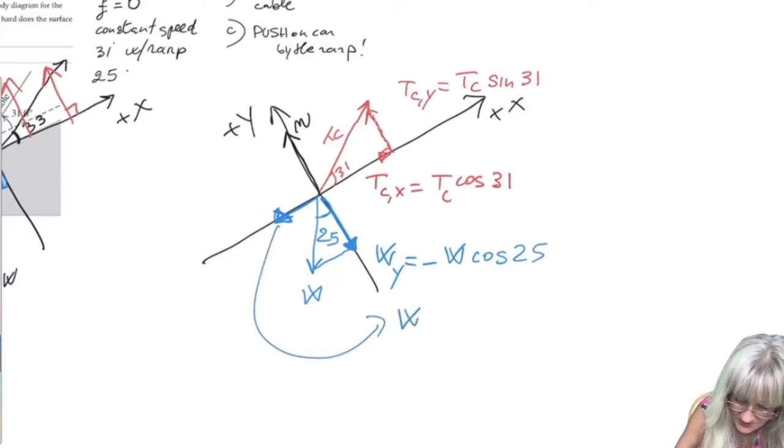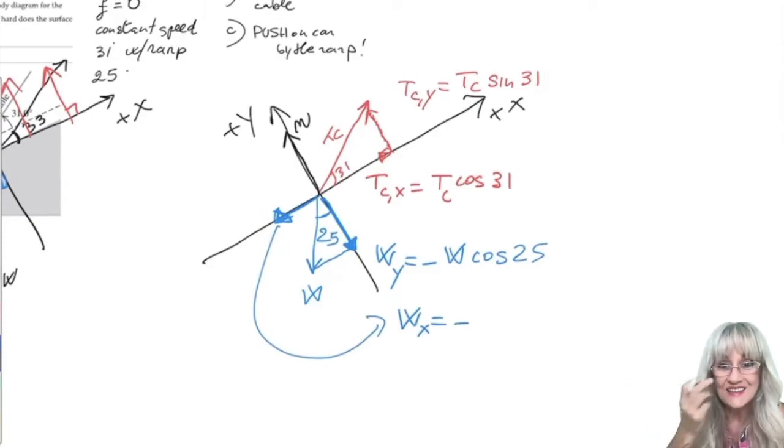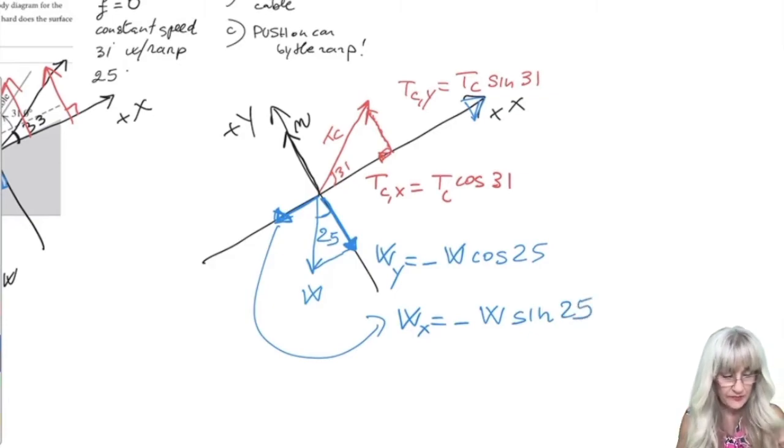The weight x component is also negative because it is in the negative x direction. You see the positive right here. Since it points opposite, it is minus the weight sine of the angle of 25 degrees. So we have our forces, the one at an angle into components.